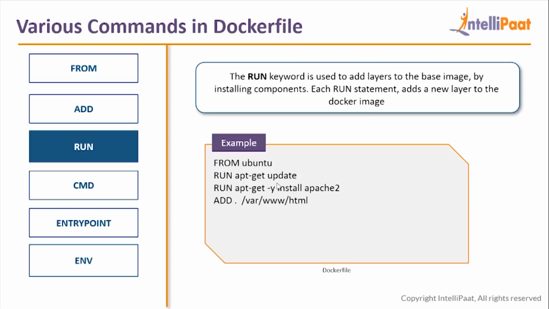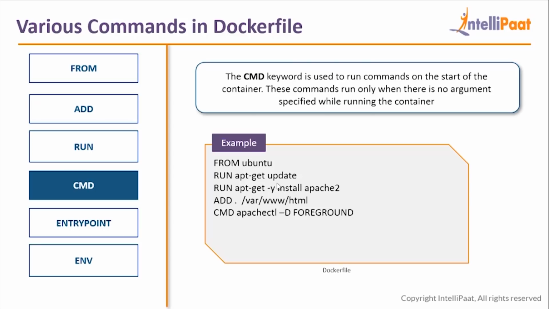So the RUN command is basically used to run any command inside the container that you would have run on the terminal. Then you have a command called CMD. The CMD keyword is basically used to run any command that you want to run at the start of the container. These commands run only when there is no argument specified while you're running the container. While running a container, you can also specify a command that you want to run.